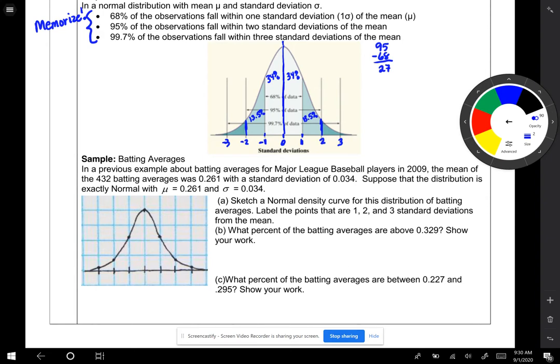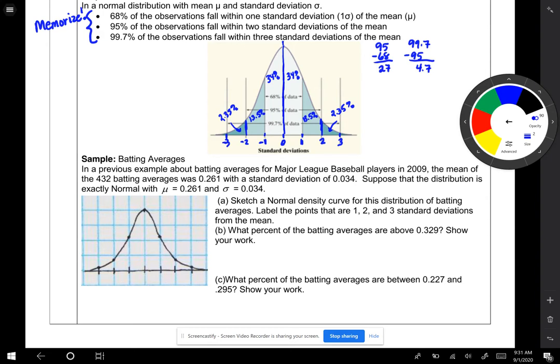And then lastly, the darker shaded blue would be 99.7 minus 95, and that would be 4.7%. Divide that by 2, and this right here is 2.35%, and this is 2.35%. That would be the area within 3 standard deviations from the mean.